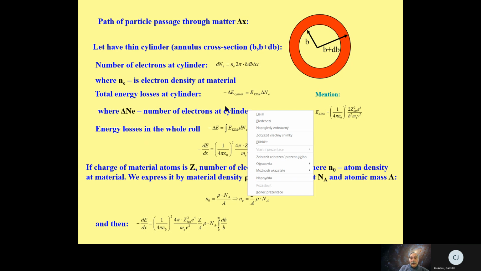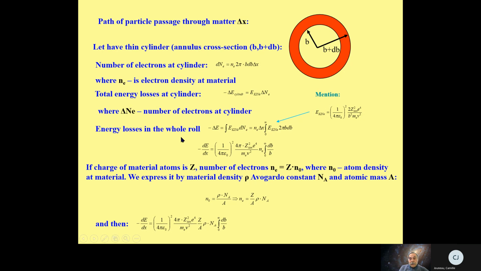Now we want to calculate all energy losses in the whole row. That means not only for one impact parameter, but for impact parameter from 0 to infinity.